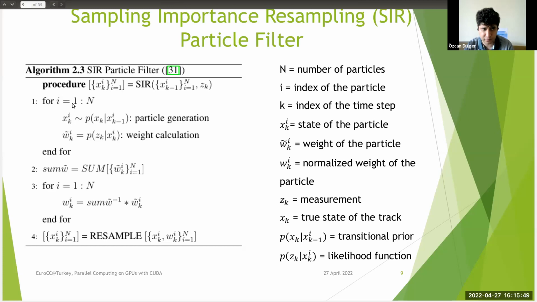In the first stage, inside the for loop, we create particles using the characteristics of the application, and calculate their weights for n particles. Then the sum of the weights of the particles is computed. In the third stage, the weight of each particle is normalized by using the sum, and we get the normalized weight of each particle.